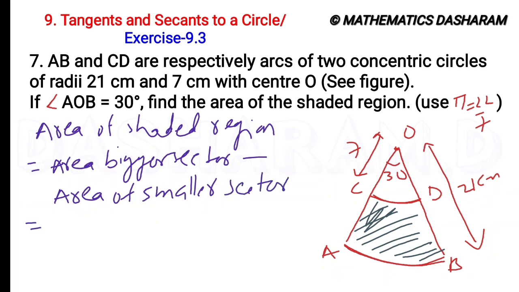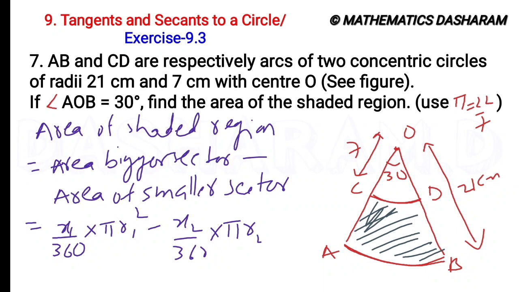So area of a bigger sector formula is x1 by 360 into pi r1 square, minus x2 by 360 into pi r2 square, because we have different radii.